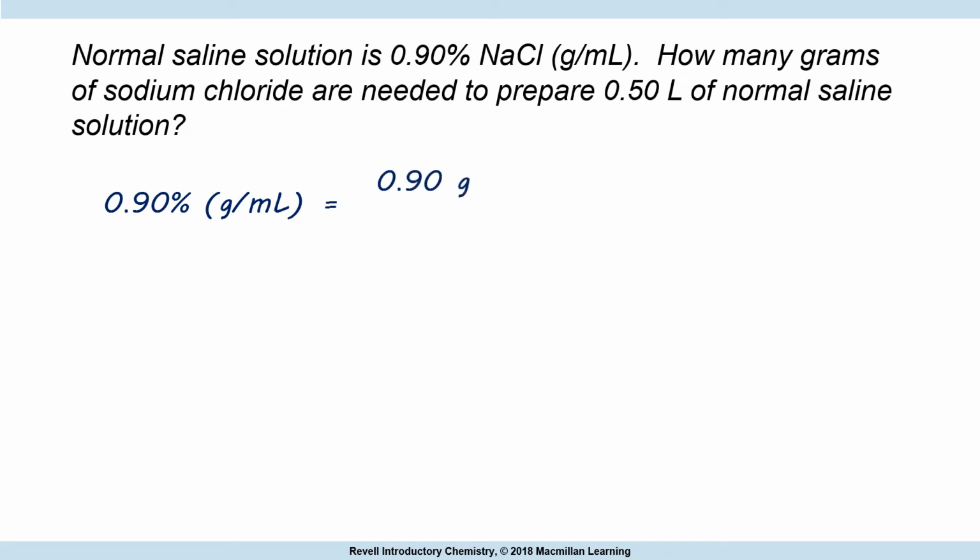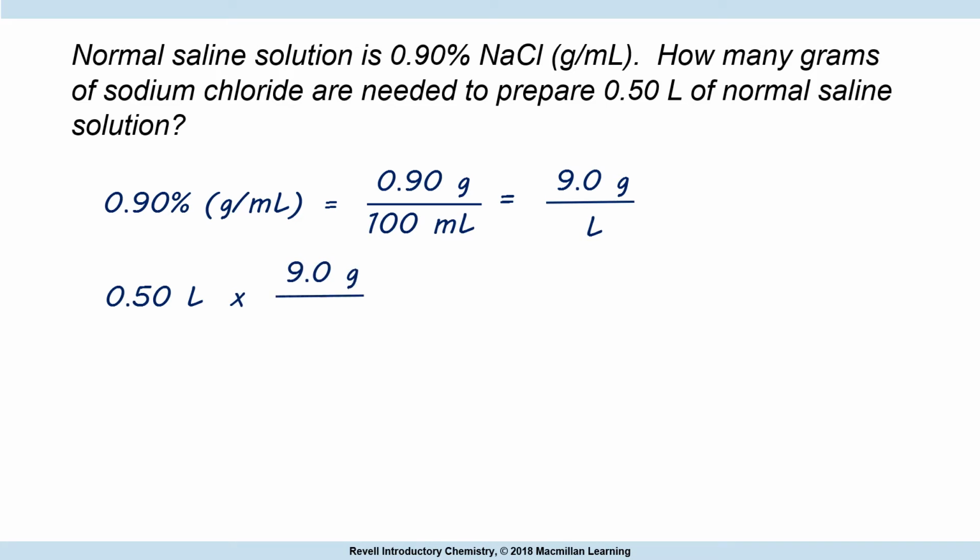Okay, so we know that that's what the 0.9% means. We need 0.90 grams per 100 mL, but we don't want 100 mL. We want 0.5 liters, and we need to make it up at this ratio right here.